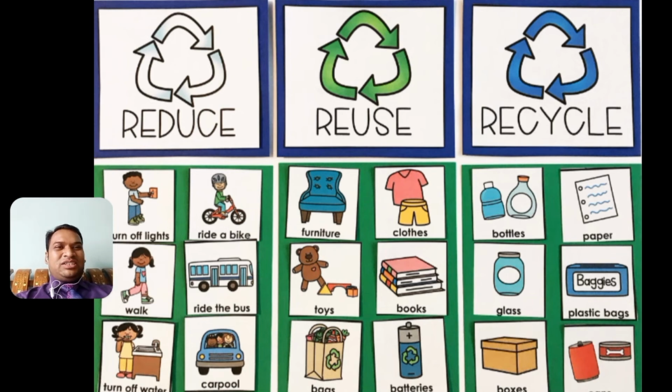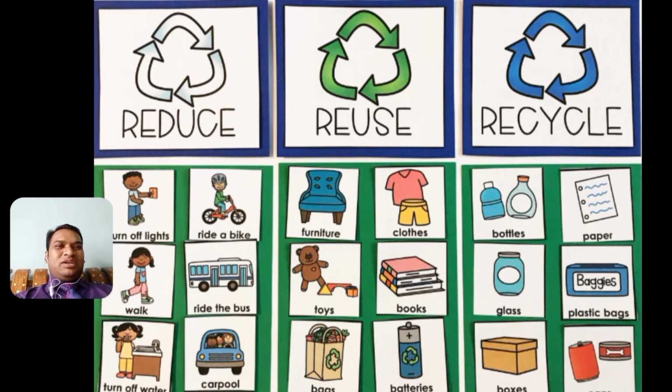Then come to the reuse. Reuse means when you use things, you should not throw them away. You can use them more and more times. It will help us to conserve the natural resources. Then come to the recycle.